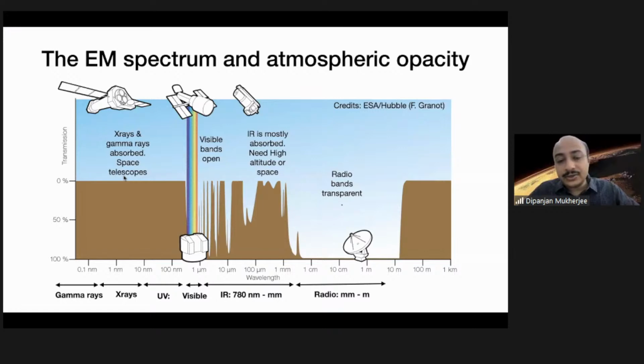Infrared, as you push slightly towards the higher wavelengths, infrared bands again are absorbed by the atmosphere, mostly by the water vapor. So even for infrared telescopes, you can do two things. You can either go high up in the atmosphere using, say, a balloon, or you can mount the telescope on a plane.